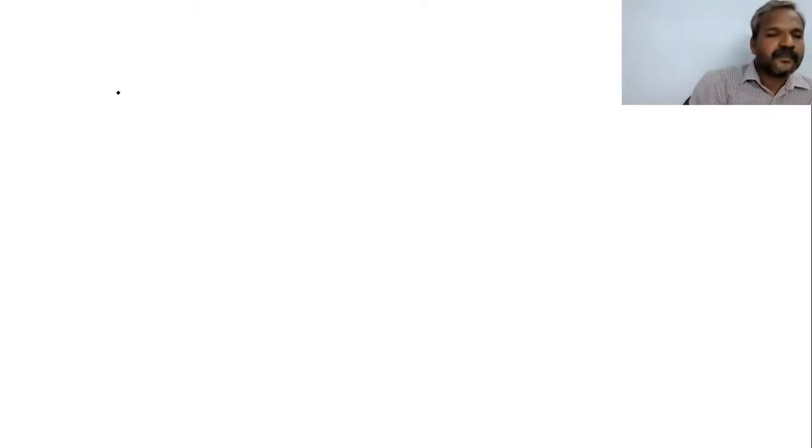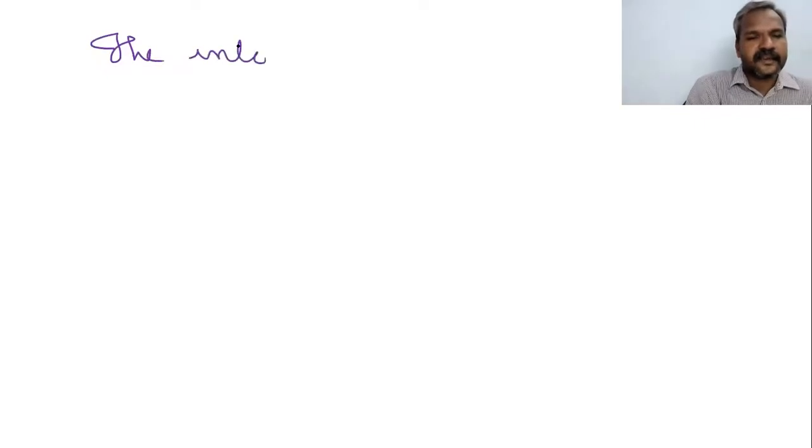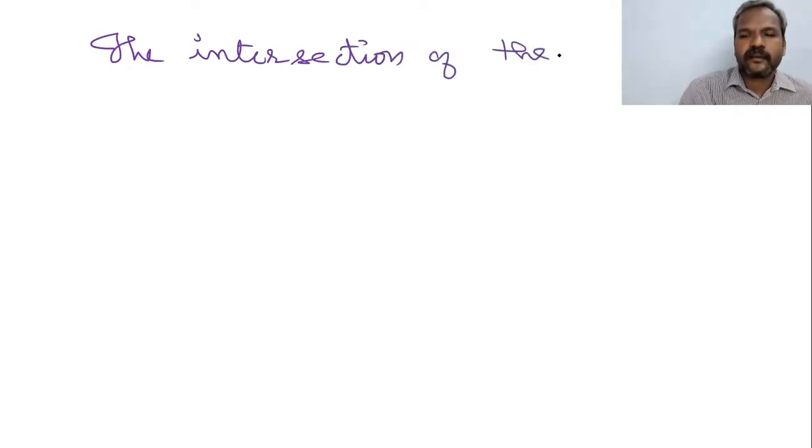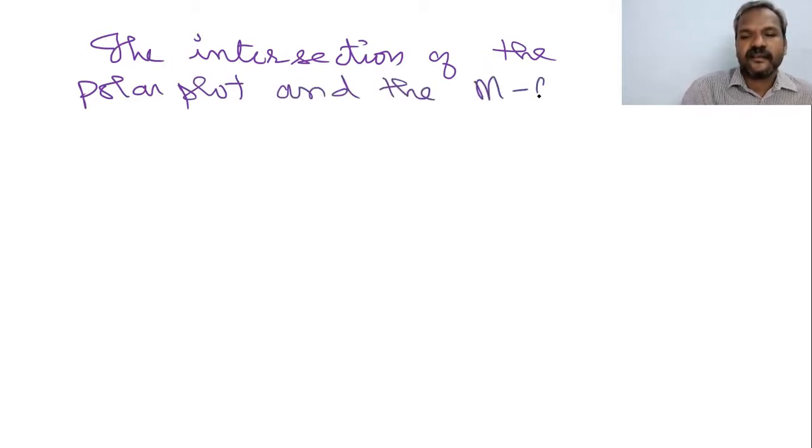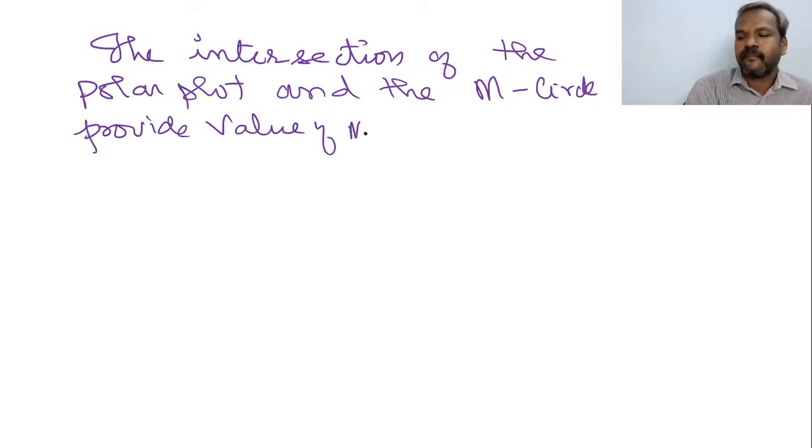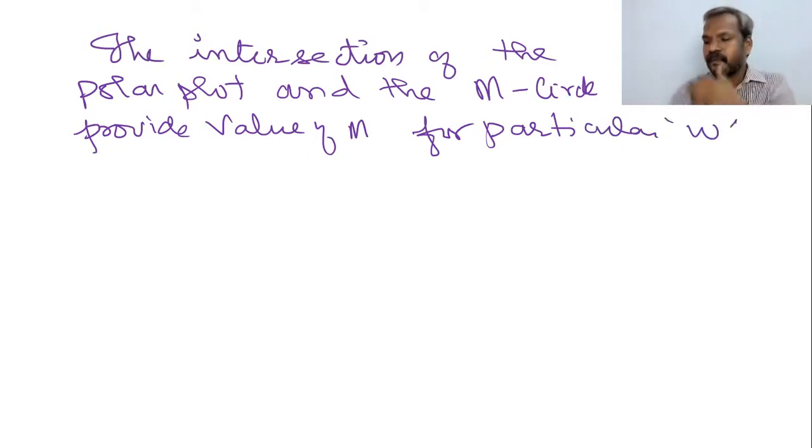So the intersection of the polar plot and the M circle provides the value of M for a particular value of frequency.